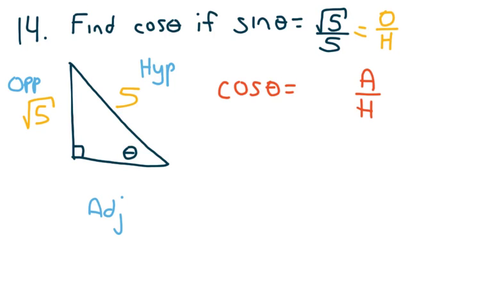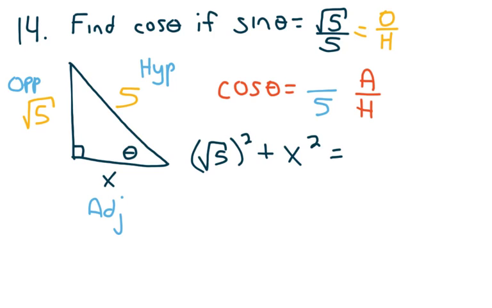And since we already know what our hypotenuse is, we can go ahead and put at least a 5 in. So obviously to find the other side, we need the Pythagorean theorem. So we have the square root of 5 squared plus some unknown side, the adjacent side, squared, equals 5 squared.